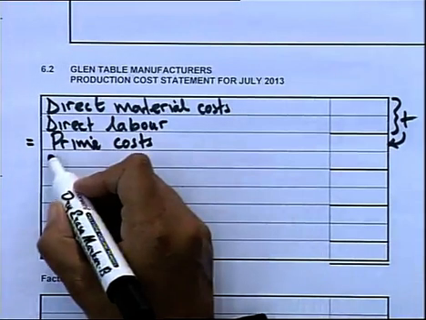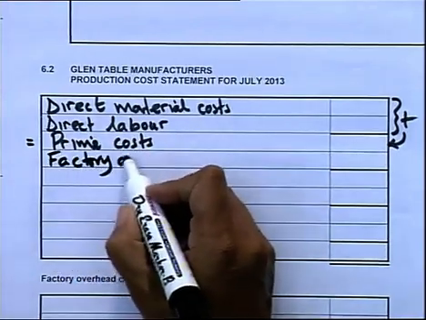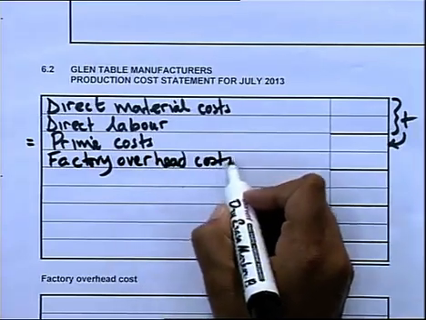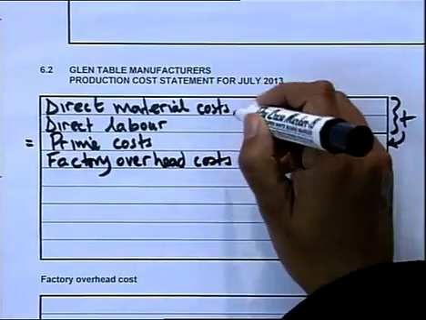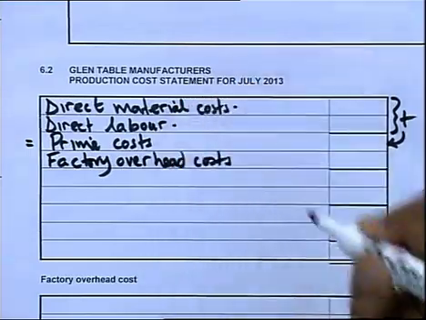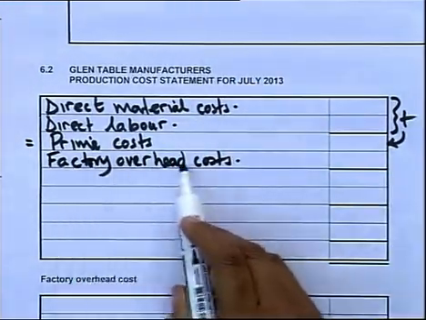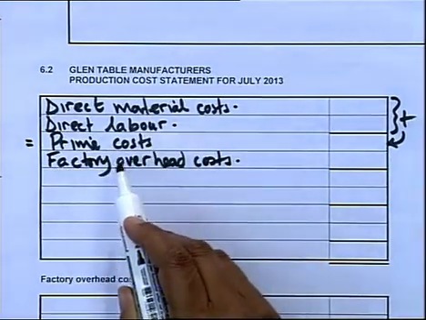Then I take my factory overhead costs. So can you see? I really only have 3 costs that I must consider. Direct material, direct labor, factory overhead costs. And in my factory overhead costs, I'll have my indirect material and I'll have my indirect labor.